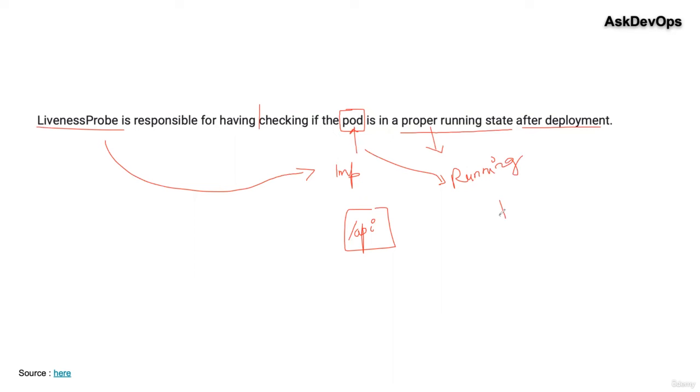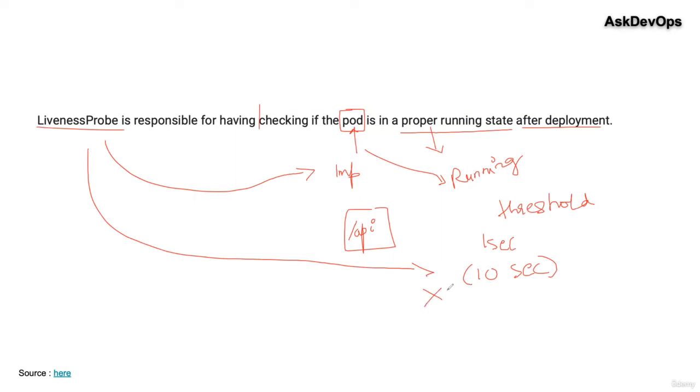And what is the threshold then? Certain pods might take more time to spin up. It is not that every single pod will take 1 second. Am I right? Some pods can take 1 second, some pods can take 10 seconds. So if we have a pod that takes 10 seconds, our liveness probe might fail because it will not wait for 10 seconds.